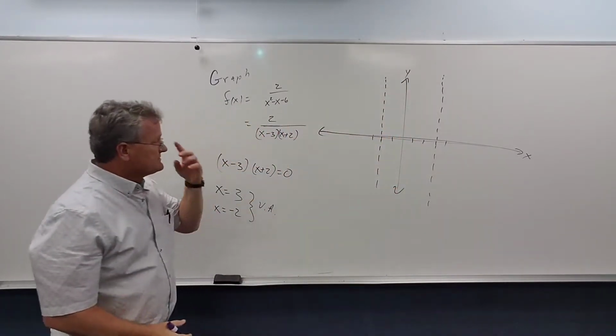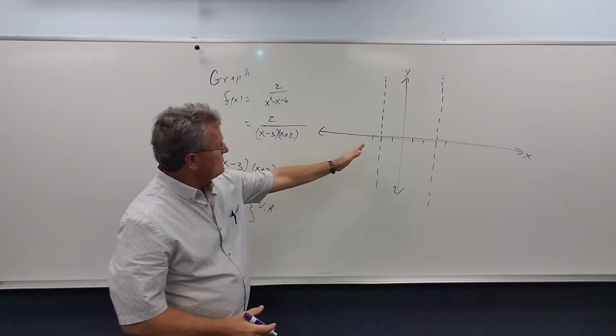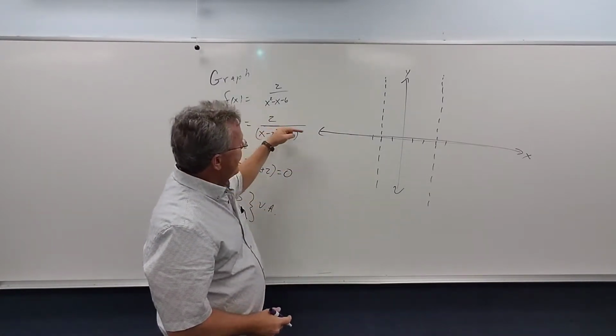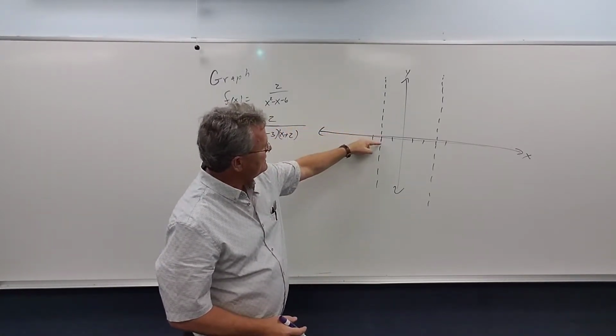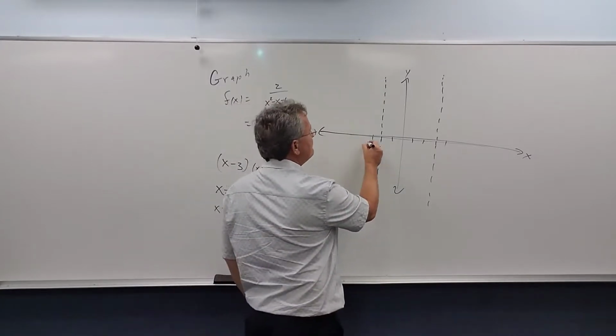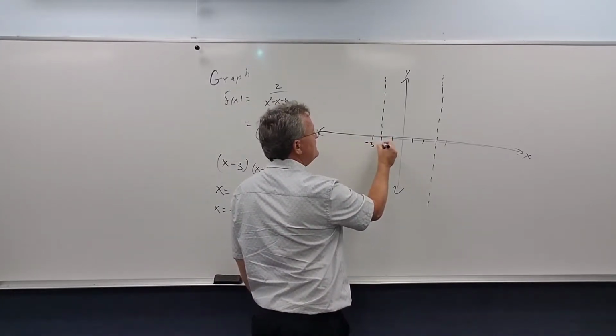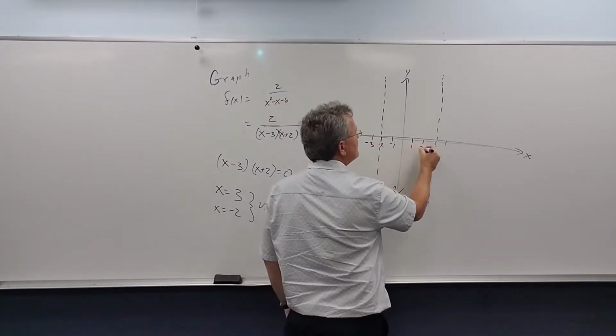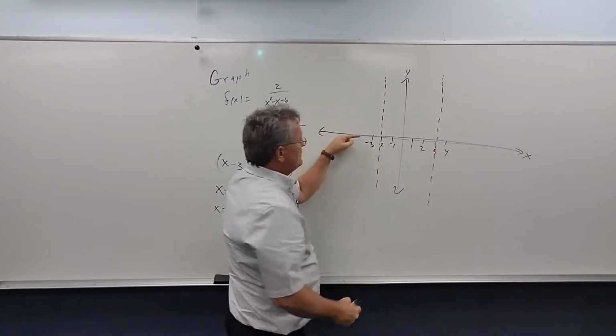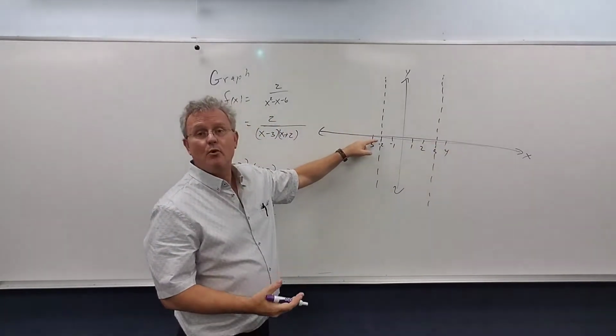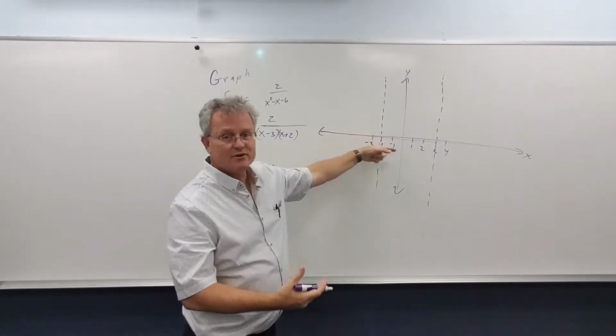All right, so now let's see what happens over here. As we approach negative 2 from the left, so that's negative 3, negative 2, negative 1, think of negative 2.1, negative 2.01.